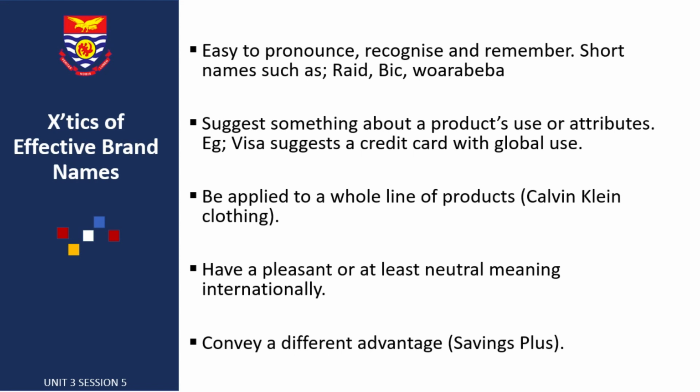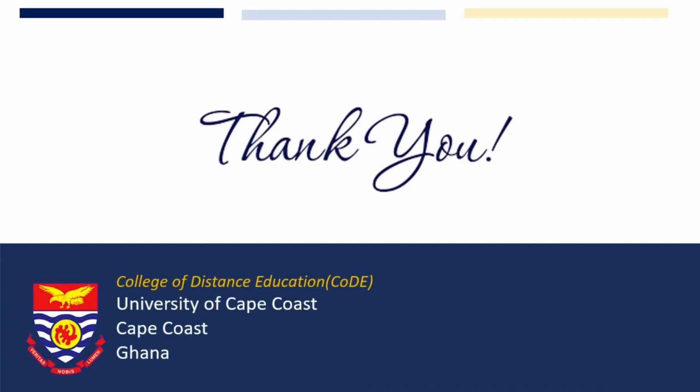People shouldn't struggle to know the meaning. It should have a name that might give meaningful detail to the product. Then it should convey a different advantage. Aside from what the product is offering, the brand name should communicate an additional advantage about the product.